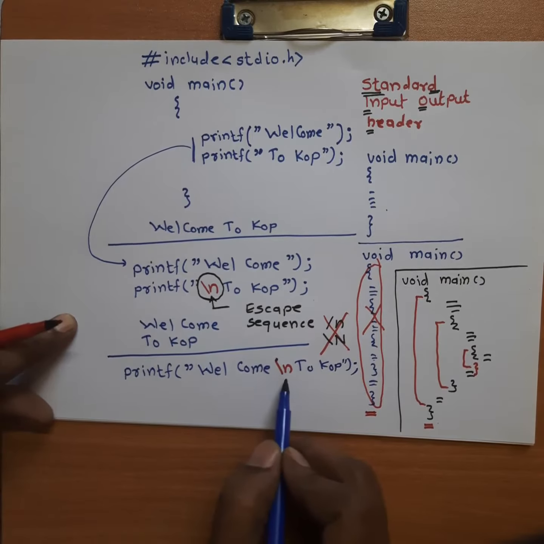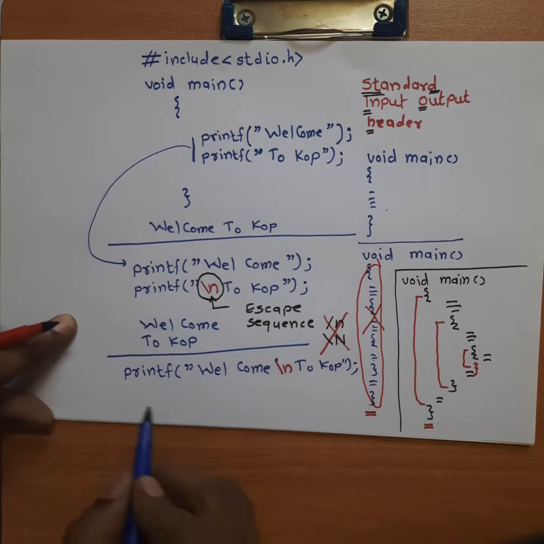Now I am showing this slash n in red just to show you. In the computer it won't come in red, it will come as a normal regular character. Now this indicates printf, that means you want to display something. What do you want to display? You want to display welcome.